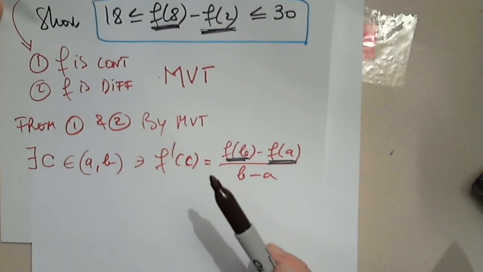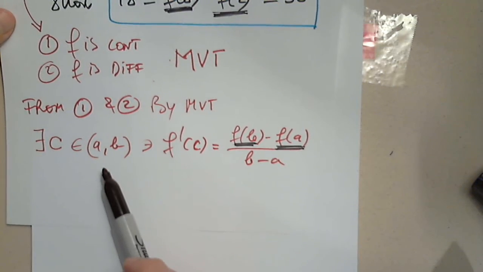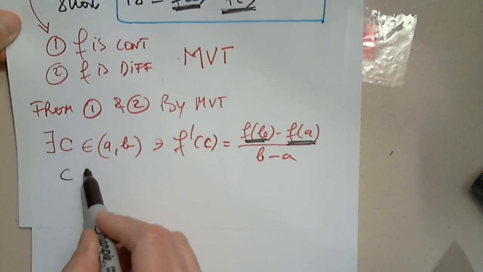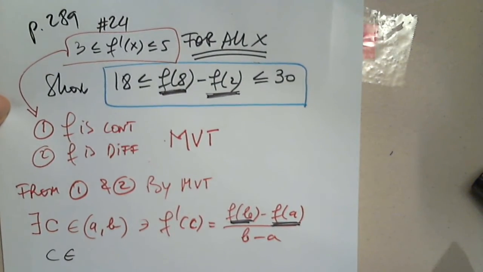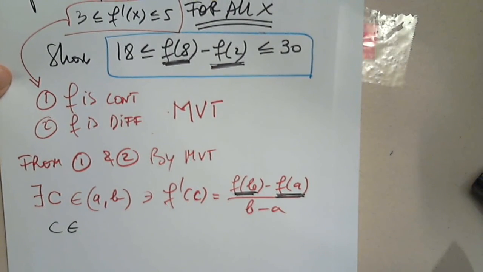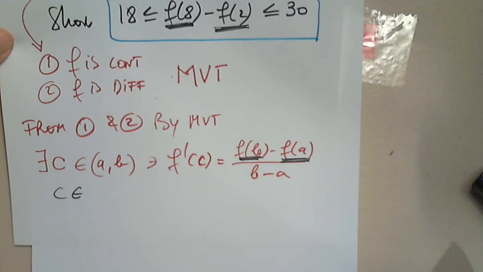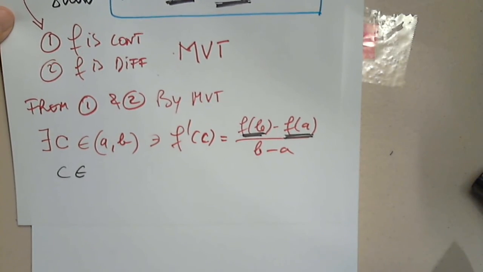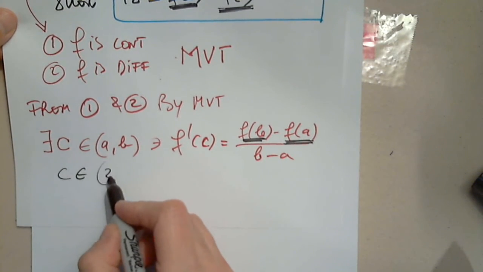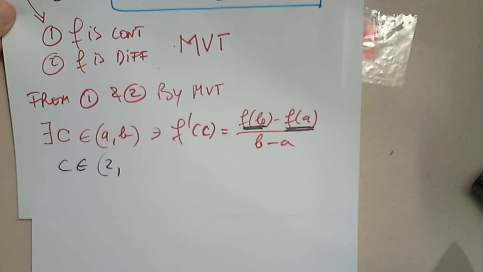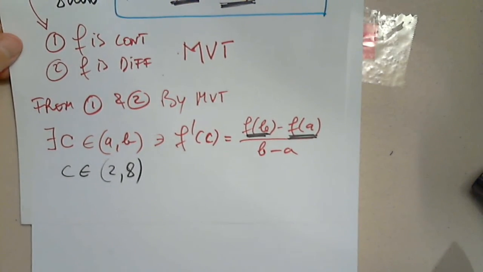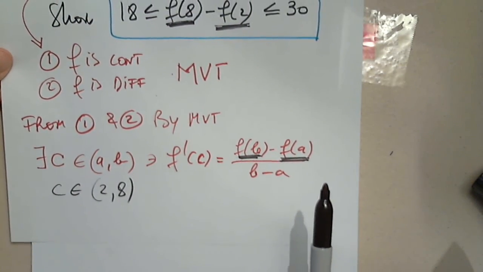So my pick of interval would be that C belongs to, can anyone tell us? Two. Very good. Comma? 8. That's it. Good.